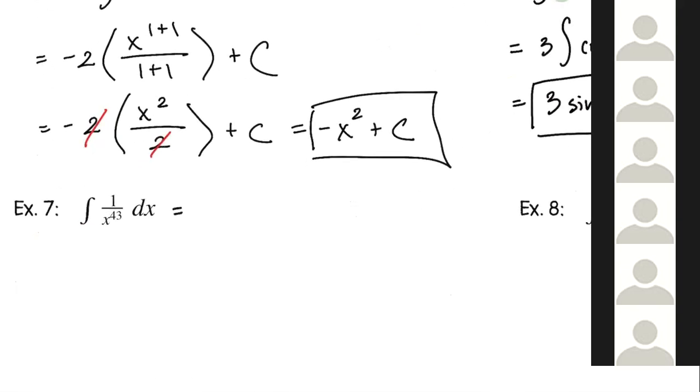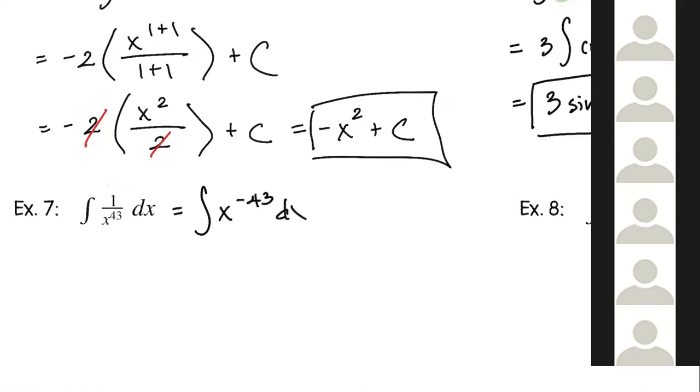And that is they rewrote this integral. In fact, they rewrote this integrand. How might someone rewrite 1 over x to the 43rd before taking a derivative or before taking an integral? Yes, I love it. x to the negative 43.